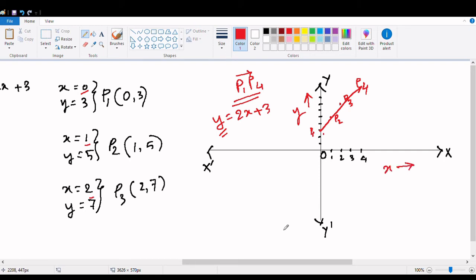In any graphical representation, the independent variable should always be plotted along the x-axis, and the dependent variable should be plotted along the y-axis.